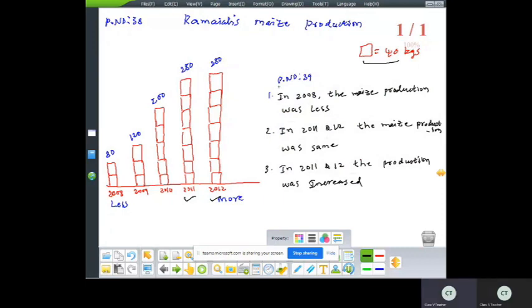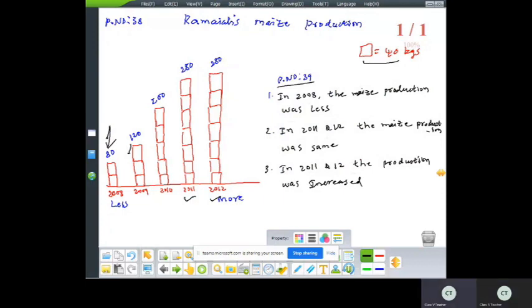Yes. These are written on page number 39. Read the box chart and give 3 conclusions about Ramaya's maize production. First one, in 2008, the maize production was less. This is the less.